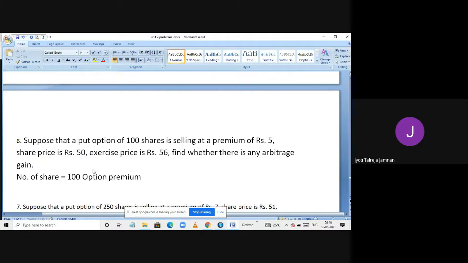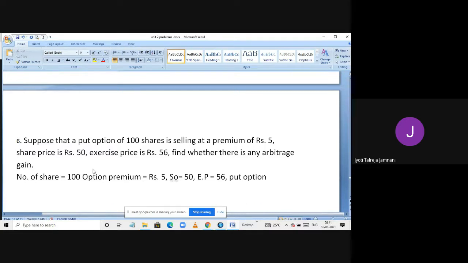Option premium is equal to rupees 5. Share price, that is S naught, is equal to 50. Exercise price 56, and this is a put option.